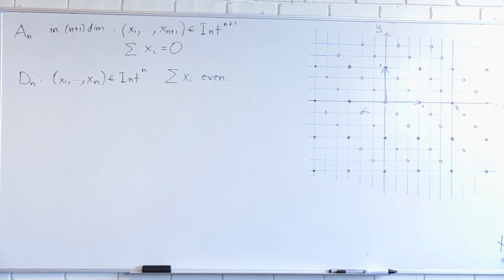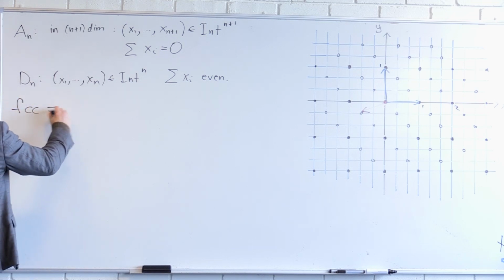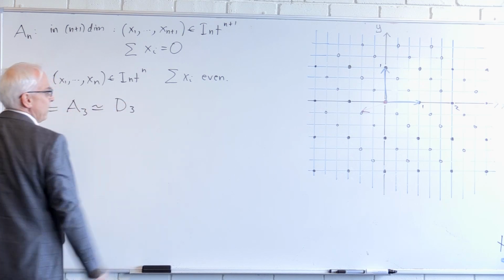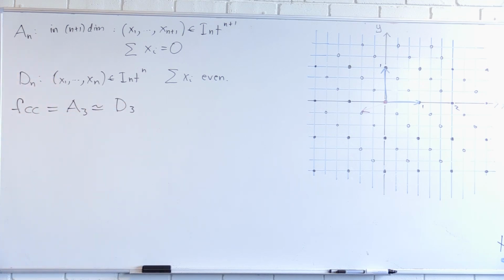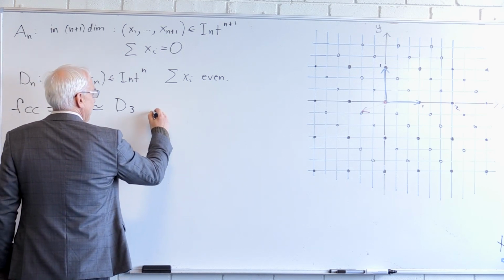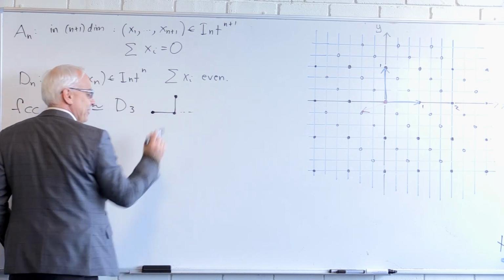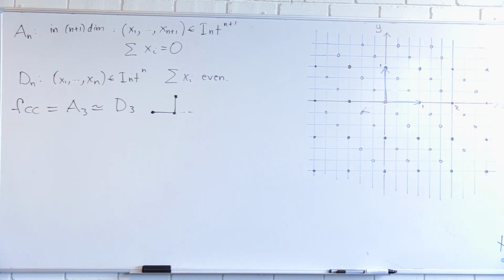So the face-centered cubic is the same as A3, and that's also really the same as D3. We haven't talked about D3 as a separate Dynkin diagram, but you might like to think about D3 as being this one. It just doesn't have anything to the right. So it's really the same as A3, but somehow from this point of view it's slightly different.